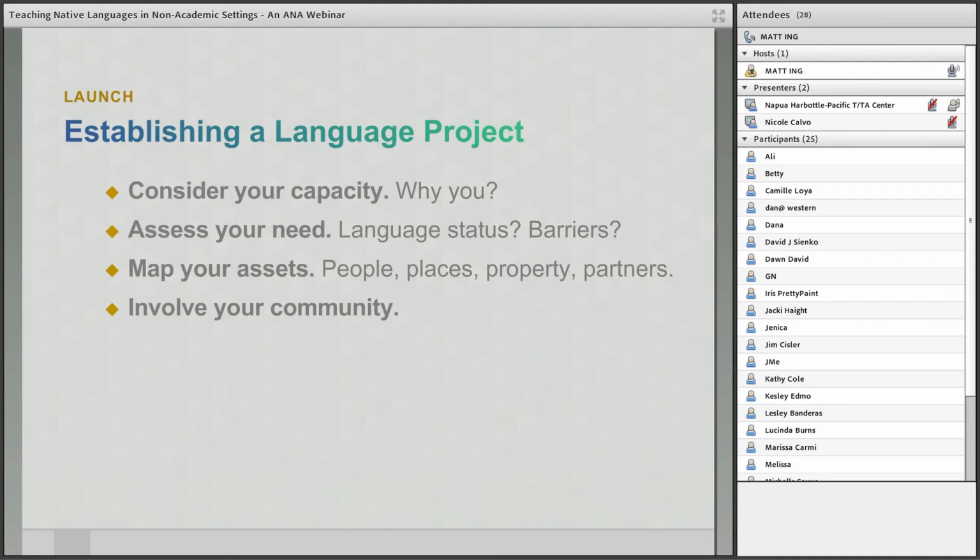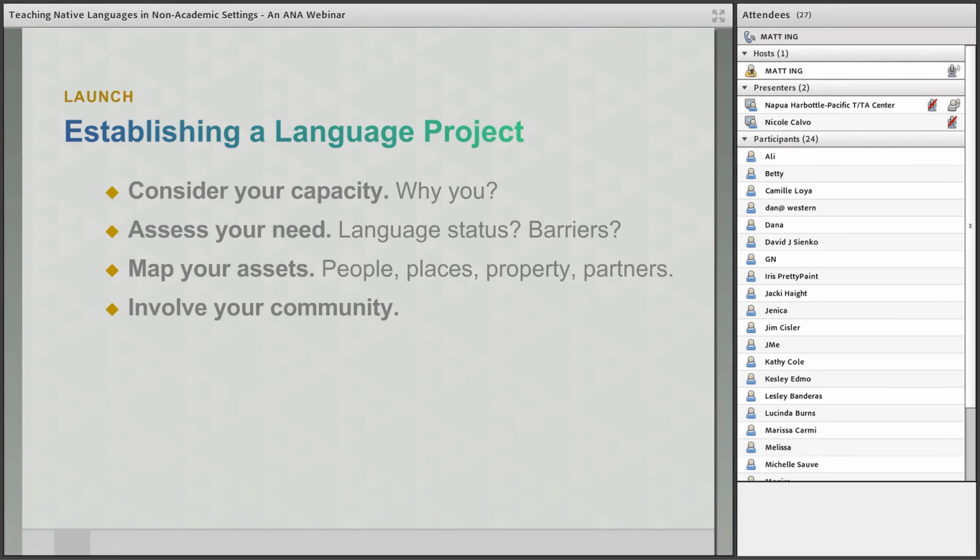Do you need partnerships for that? Because it's really important. Oftentimes, in learning language outside of the classroom setting, you are dealing with very, very grassroots community people. And you might need to know what is some of the things that would be necessary. Do you need a babysitting service while the language class is being held? All of those type of things.